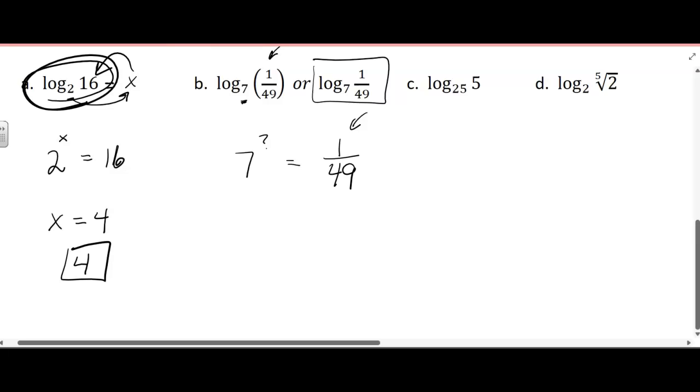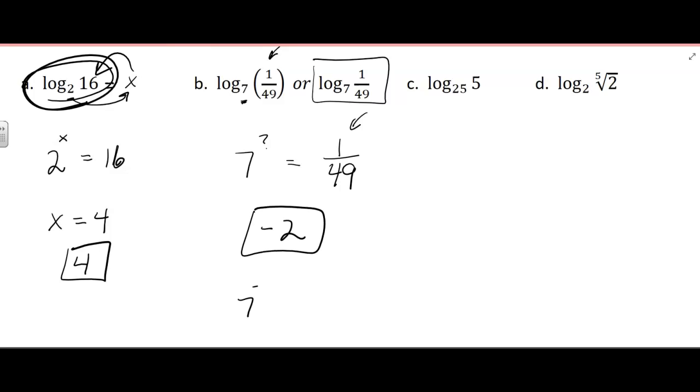So this is going to equal negative 2. See, 7 to the negative 2 power is 1 over 7 squared, which is 1 over 49. That's what we're trying to find, okay? All right, so that exponent that we needed, that I had the question mark on, was negative 2. That means this expression here evaluates to be negative 2.